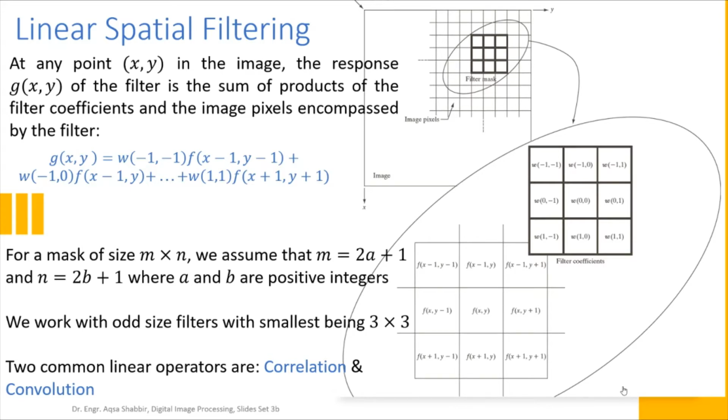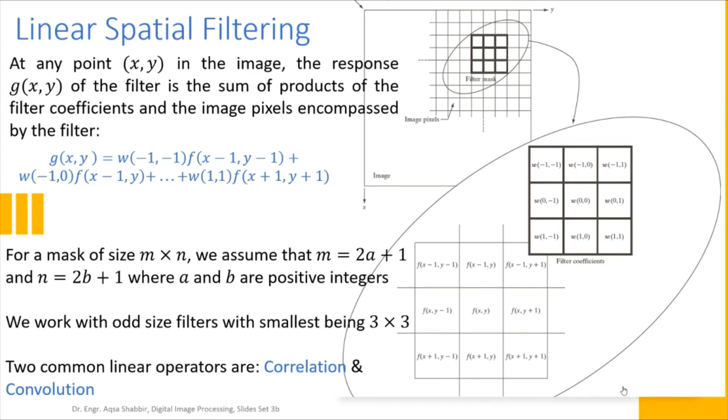Further, we see that for a mask of size m by n, m is equal to 2a plus 1 and n is equal to 2b plus 1, where a and b are positive integers.